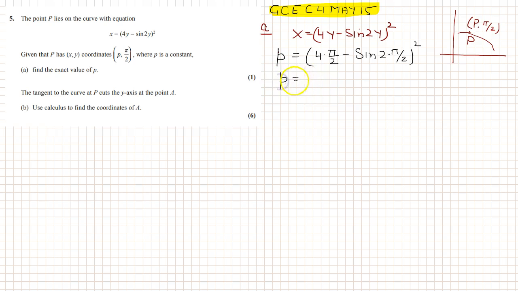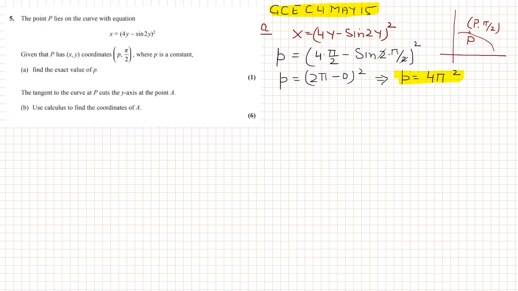So p is equal to, this is 2 pi minus, this 2 and 2 cancel, sine pi is 0. So that is 0 square. So this means p is equal to 4 pi square. So that is the value of p. So these coordinates are 4 pi square and pi over 2.